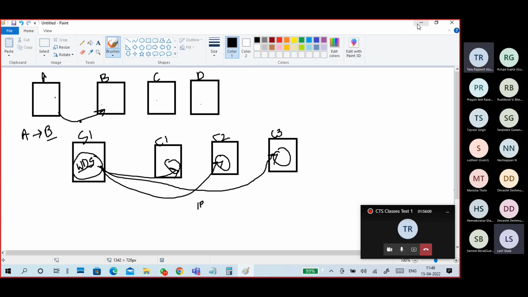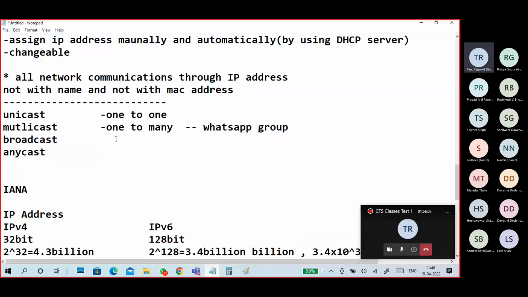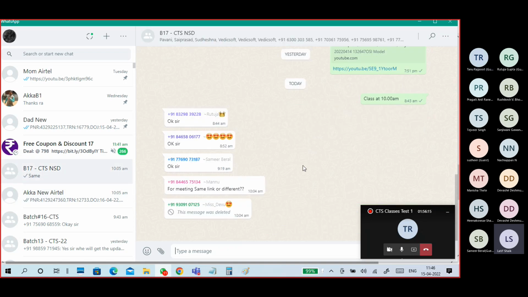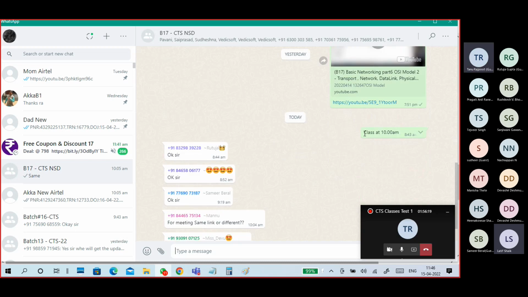An easy example to understand multicast is one to many. It does not mean one person talking to multiple people. You put data in the group. I shared yesterday, I told you morning 10 o'clock class, and then all the group members received the packet.